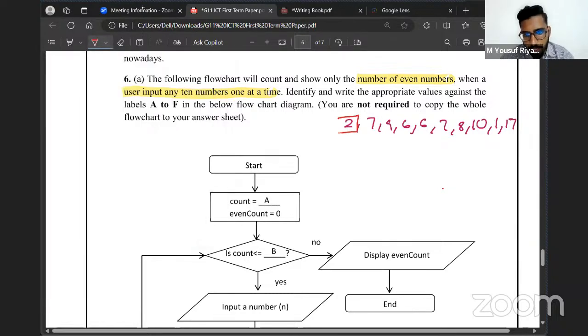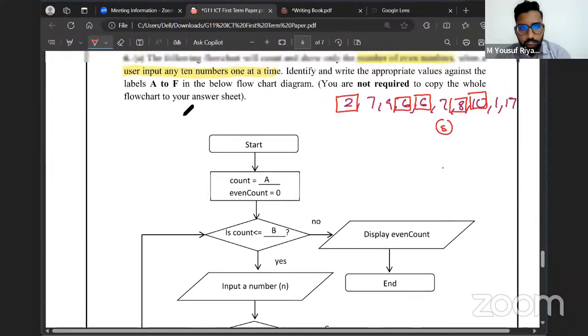So this is an even number, this is an even number, this is an even number, this is an even number, this is an even number. If you enter these as the 10 numbers, the output will be 1, 2, 3, 4, 5. That's how the program is going to work. Before going to the flowchart, tell me, are you all clear on how the program is going to function based on the given scenario? It's going to take any random 10 numbers from the user and give the count of the number of even numbers.